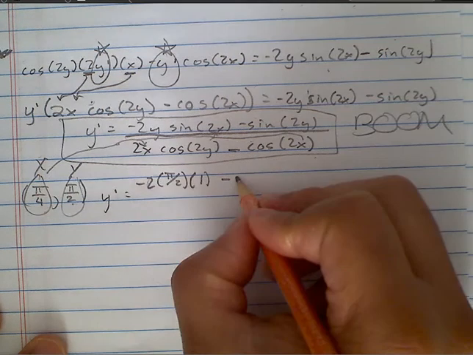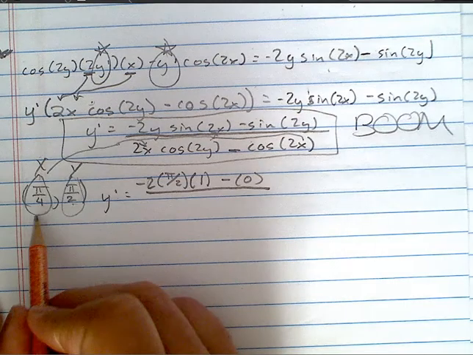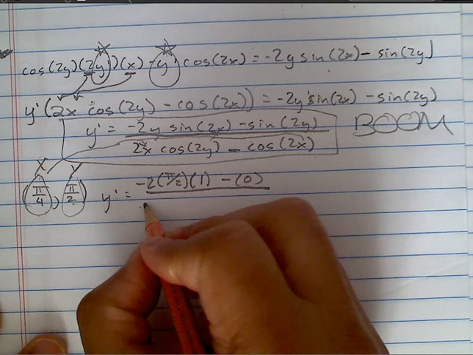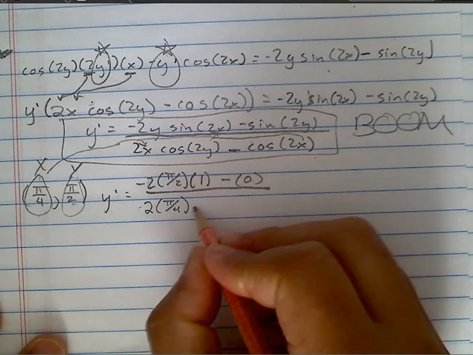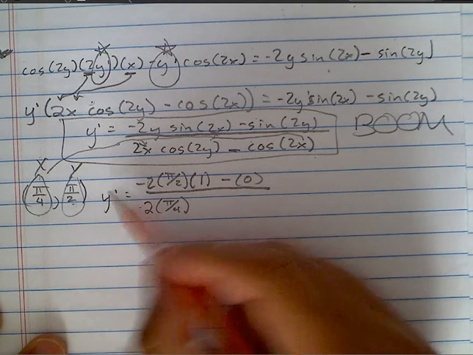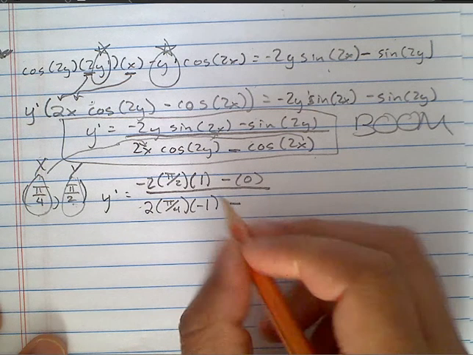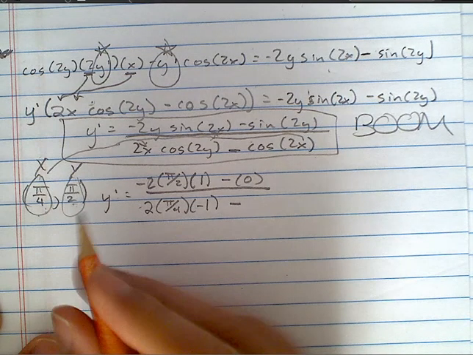So that's minus 0. All over 2x, 2 times pi over 4, I'll just write it, simplify it later. Cosine 2y, 2 times pi over 2 is pi, cosine of pi is negative 1, minus cosine 2x, 2 times pi over 4 is pi over 2, and the cosine of pi over 2 is 0.